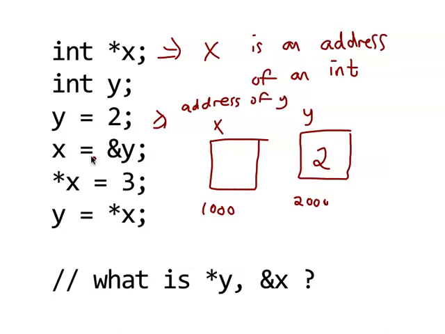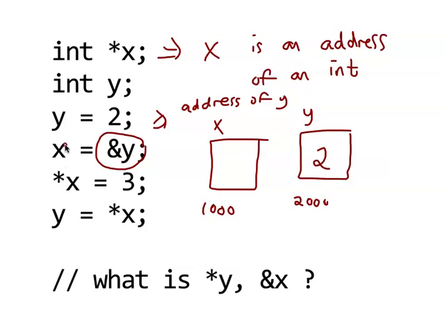So in this line of code, remember, this is an assignment. We interpret the right-hand side as the value. So I take the value of the address of y. What is the value of the address of y? 2000, right? Because the box y has address 2000.